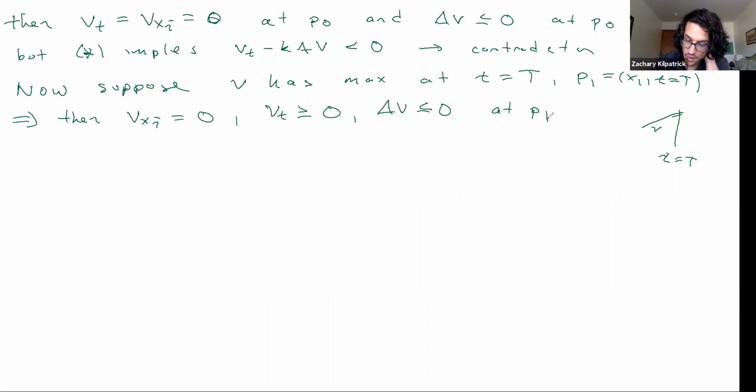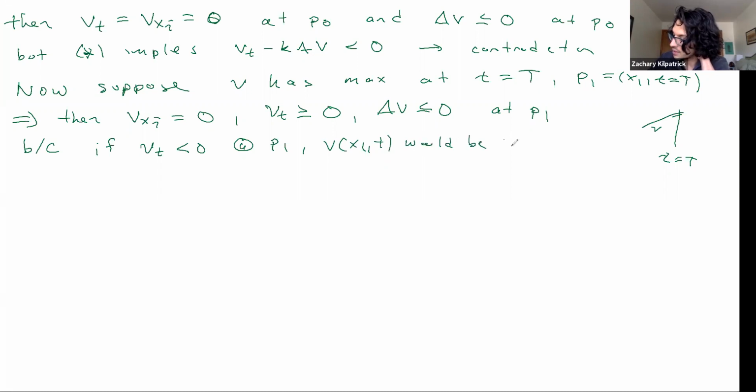This is basically because if v sub t is less than or equal to 0 at p1, then v of x1, t would be greater than v of x1, T for some t less than capital T, okay?